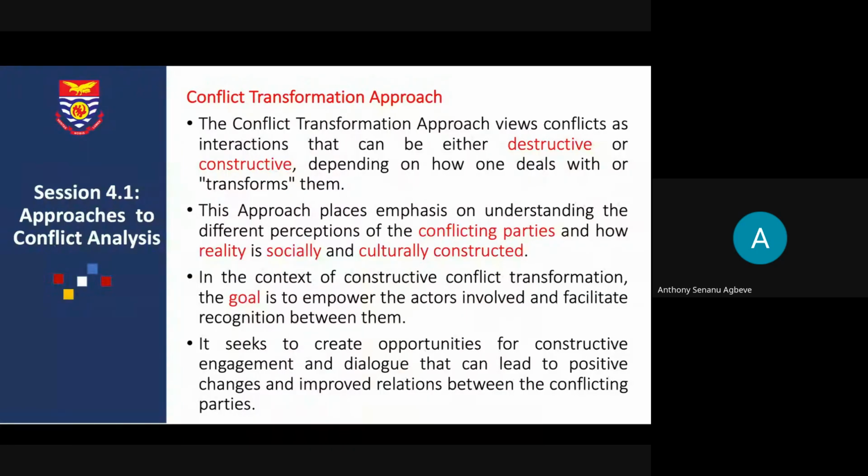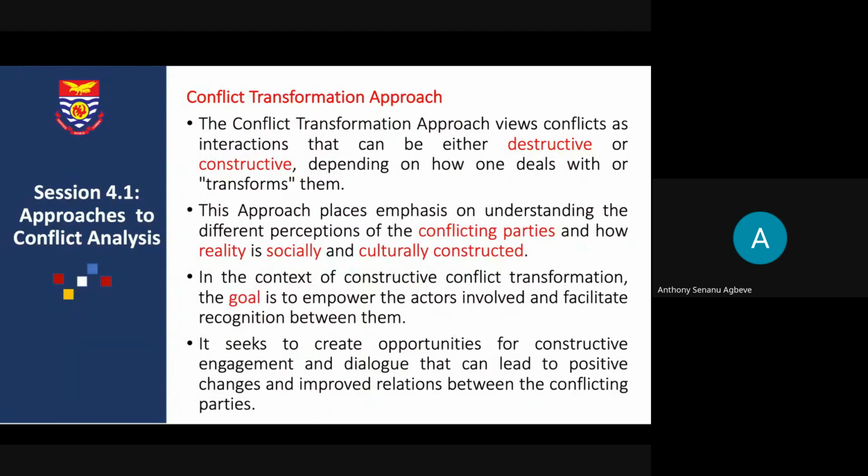This approach emphasizes that we need to understand the different perceptions of the conflicting parties and how their reality is socially and culturally constructed, right? So you have two different groups that are fighting. First of all, we need to understand their perspectives or perceptions, right?